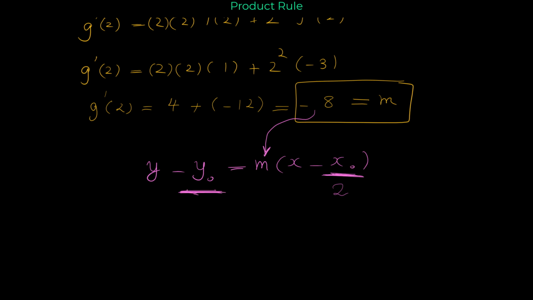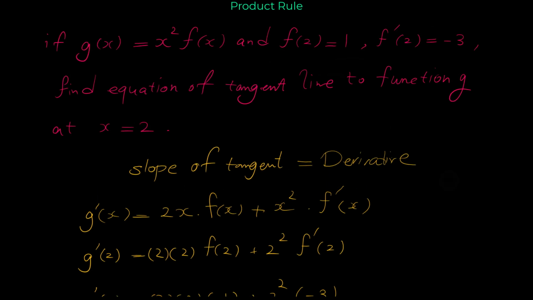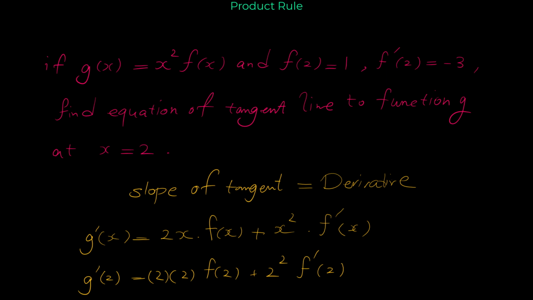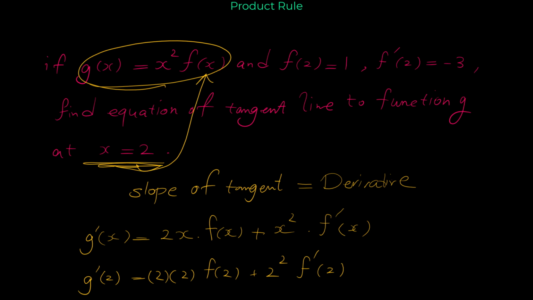What is the y value corresponding to x equal 2? Let's go back to our question. Here we have g of x equals x to the 2 f of x. If you plug in 2 for x in this function, you can find the y value of the function g when x is 2.